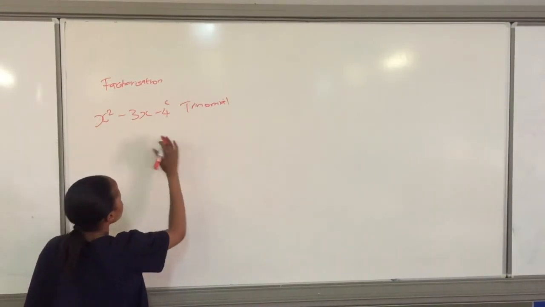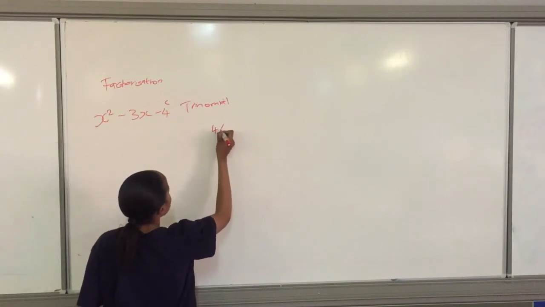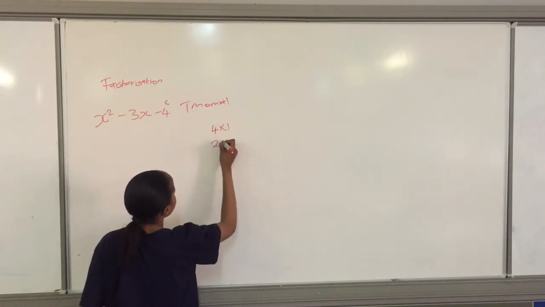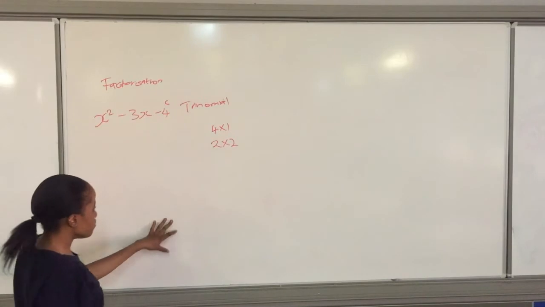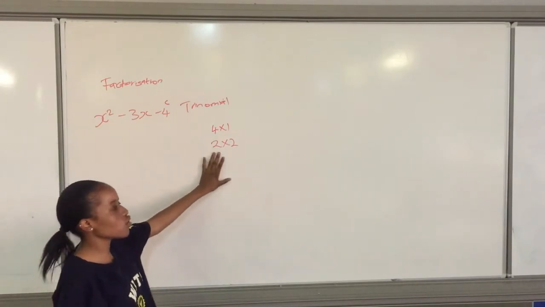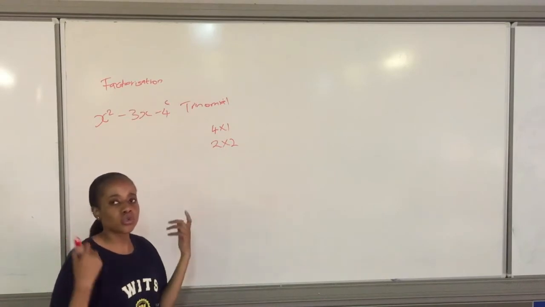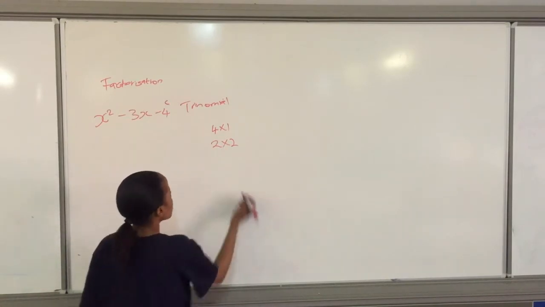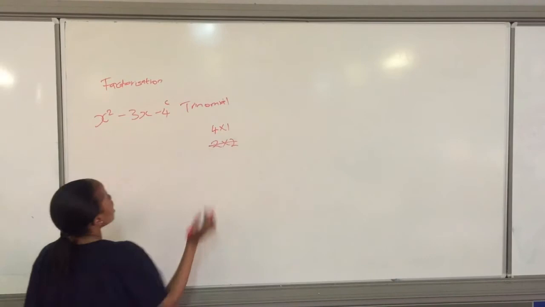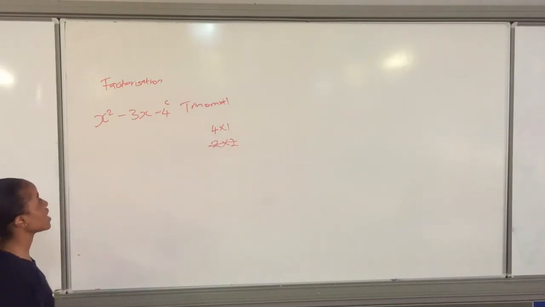So on 4, the factors we're having 4 times 1, we're having 2 times 2, right? So 2 times 2, you can already see that 2 plus 2 can never give you 3, or 2 minus 2 can never give you 3. So you're going to scratch them out. So here you're left with 4 and 1, right?